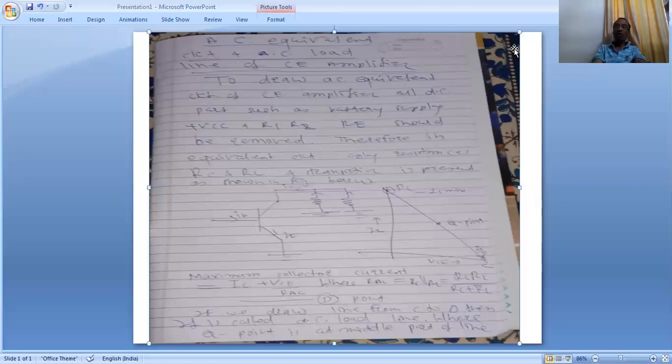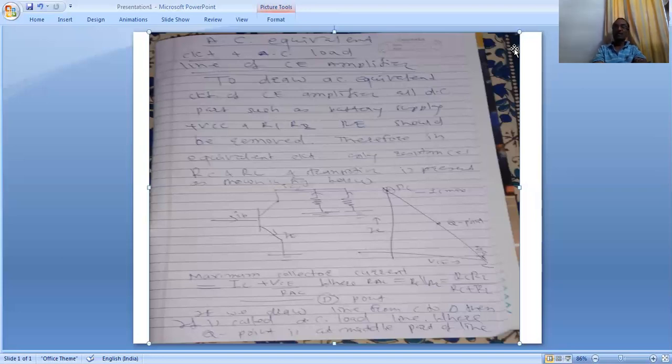Then we have to draw the AC load line. The same procedure as we followed in the case of the DC load line. We have to draw the output characteristic of the single stage common emitter amplifier.